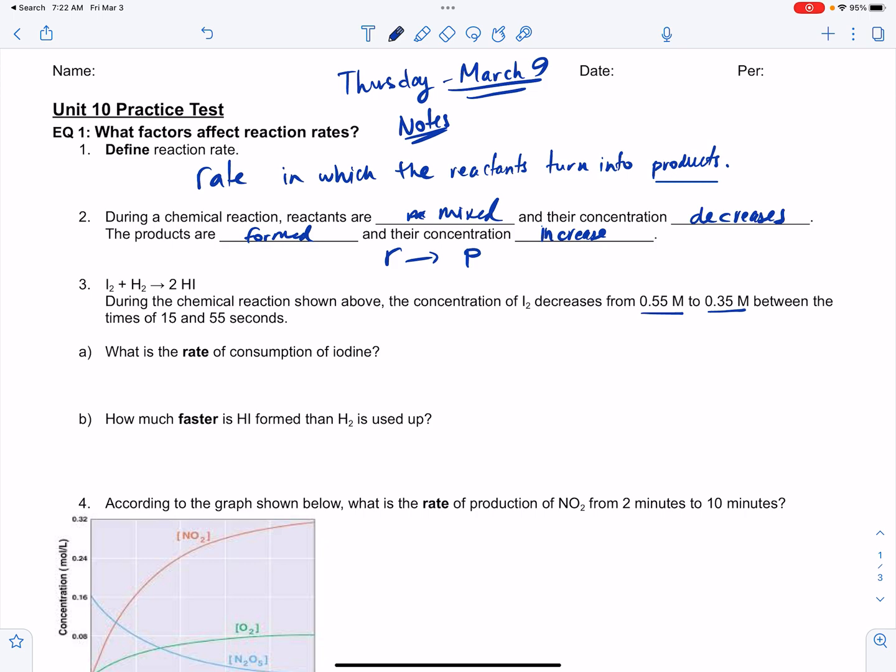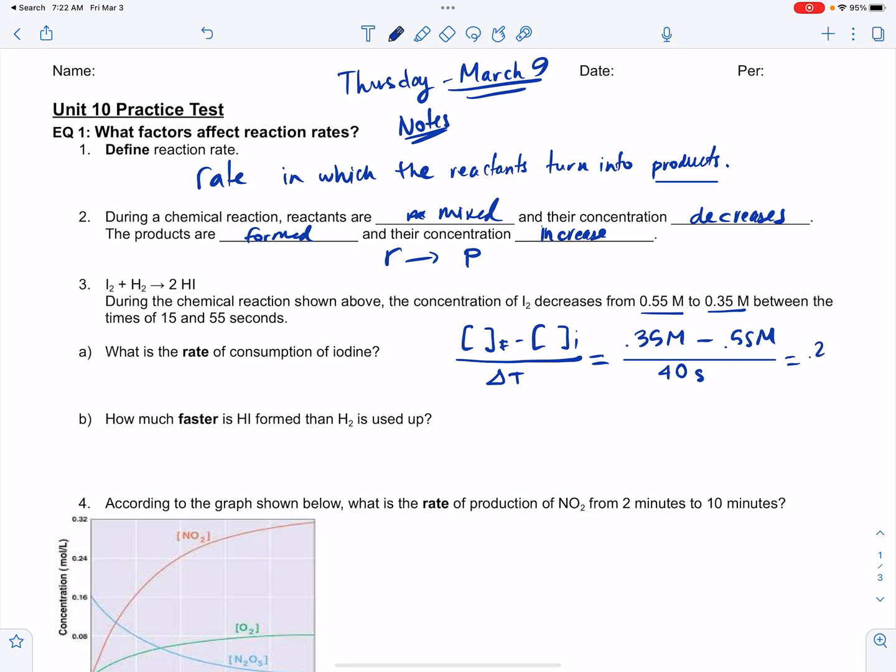Remember, it is the final concentration minus the initial concentration divided by the time that's changed. The final concentration is 0.35 molar, the initial concentration is 0.55 molar, and the time changed is 40 seconds. So 0.35 minus 0.55 is negative 0.20 molar, divided by 40 seconds.